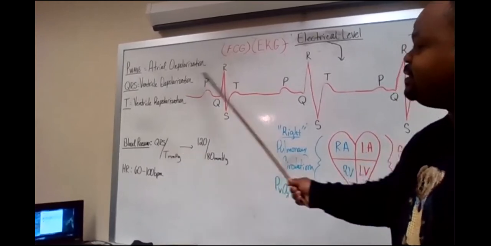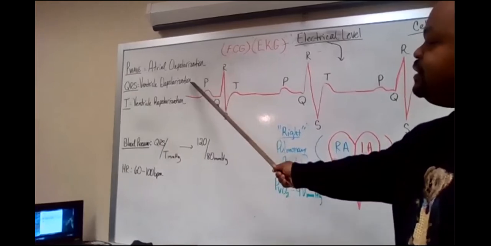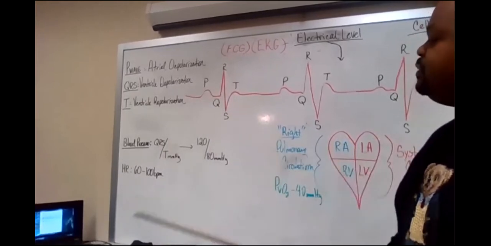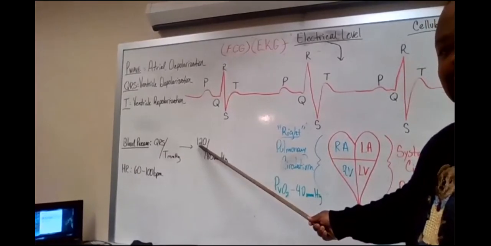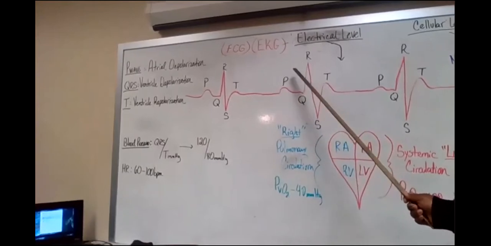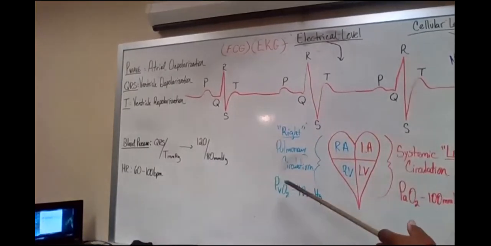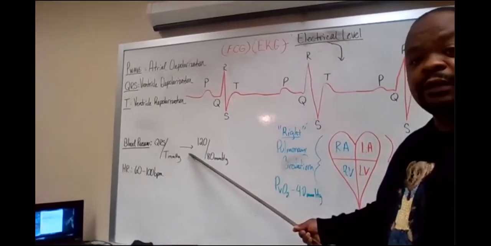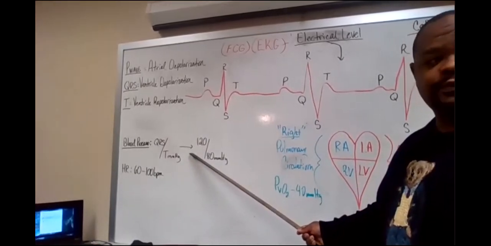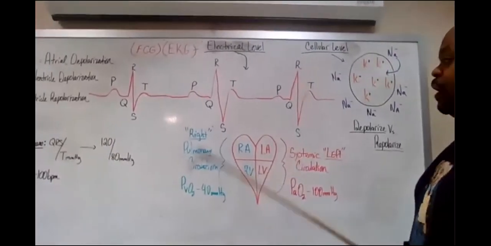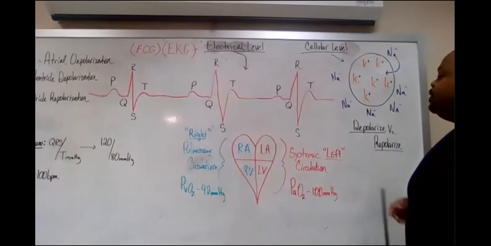QRS is the depolarization, or the squeeze, and the pressure during ventricle depolarization is 120, because that's the systole, all right? So you have the electrical level, the physical level, the cellular level, and the mathematical level, the numbers, okay? All this is the same thing, guys.